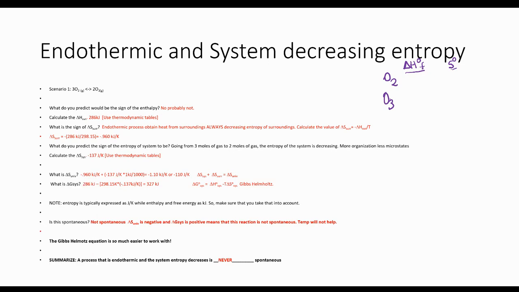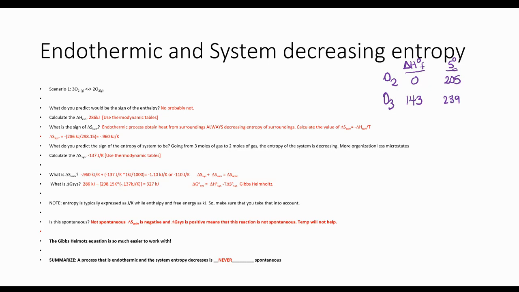So it'll have delta H of formation and then the entropy values. And then it's going to have for oxygen, this will be 0. For ozone, this guy's 143. For entropy, 205. And for ozone here, 239.